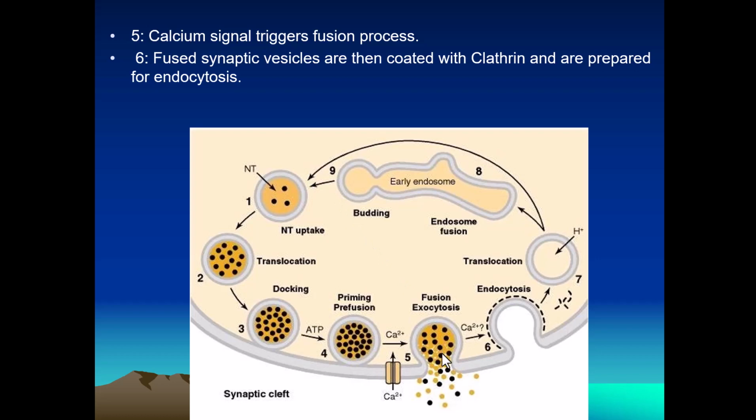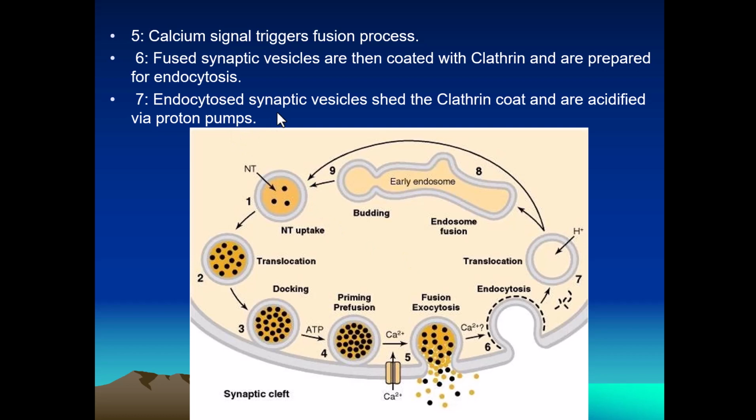In recycling, one mechanism is that these vesicles are synthesized in the soma. The other mechanism is that when these vesicles are emptied, they are coated by clathrin, and then endocytosed, and then recycled.